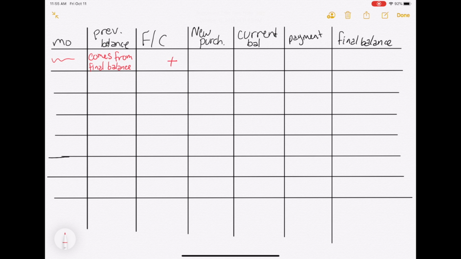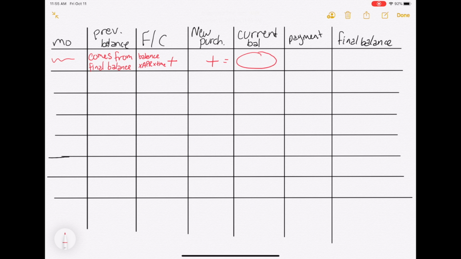We have already been calculating that many times, right? It's based on the balance times the APR times the time. Then we have any new purchases that will be given to you in the problem. Those numbers together equal the current balance.